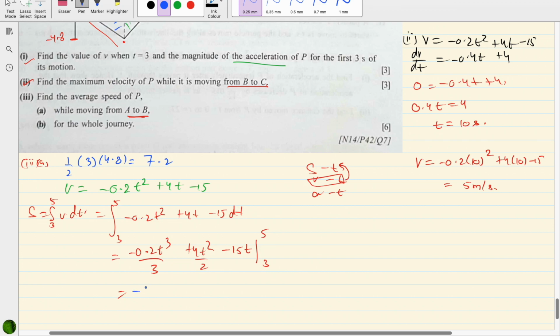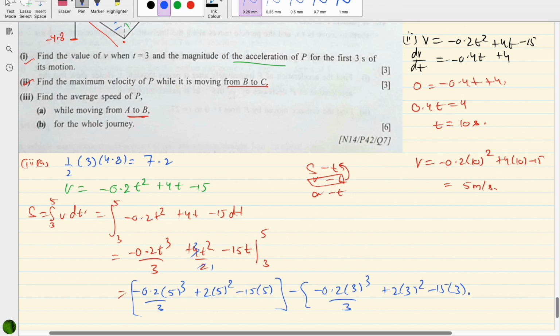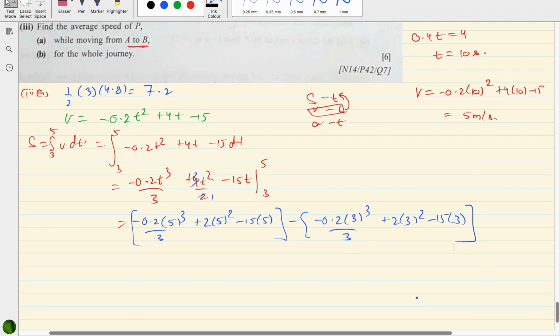So upper limit: negative 0.2 times 5 cube by 3 plus 2 into 5 square minus 15 into 5. Upper limit minus the lower limit: negative 0.2 times 3 cube by 3 plus 2 times 3 squared minus 15 into 3.